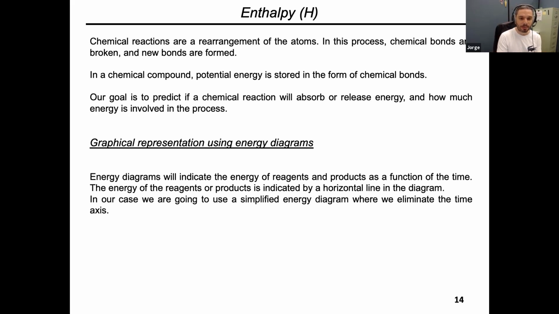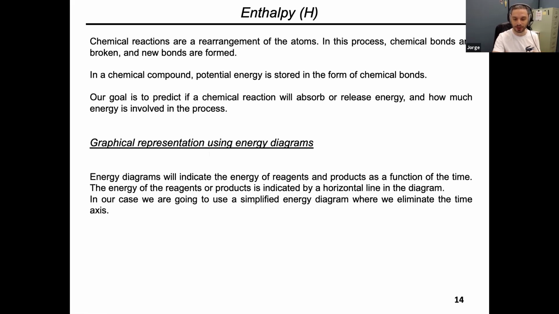To determine the flow of energy in a chemical system, we are going to use graphical representations, and those graphical representations are called energy diagrams. Energy diagrams will indicate the energy of the reagents, first thing, the energy of the products, second thing, and as a function of the time.